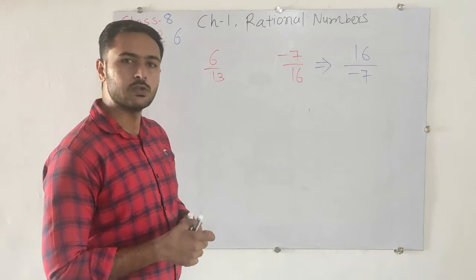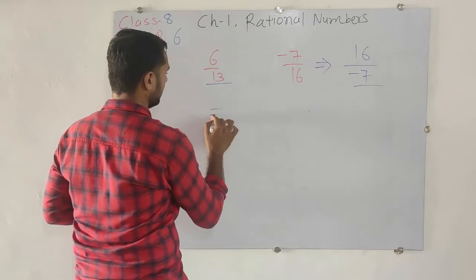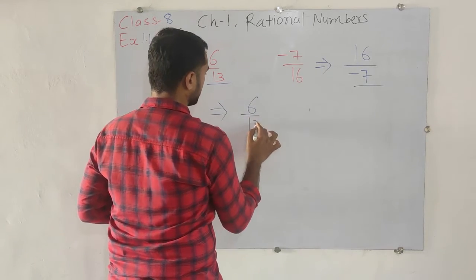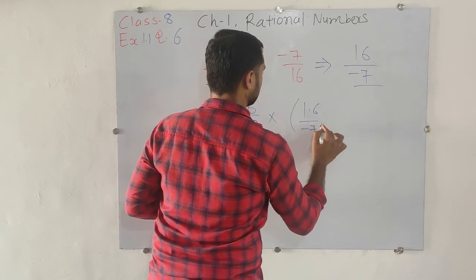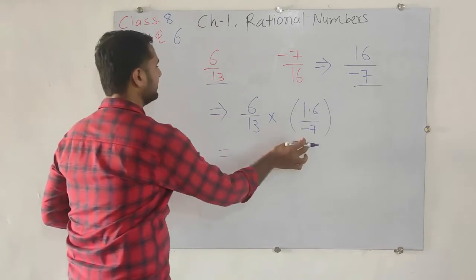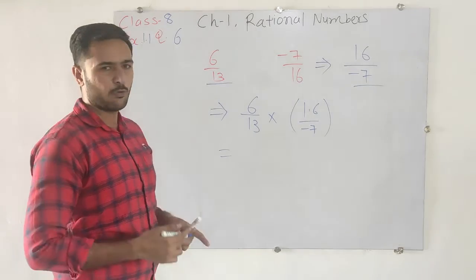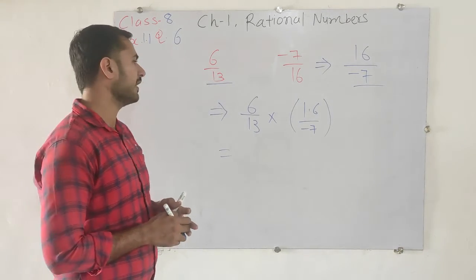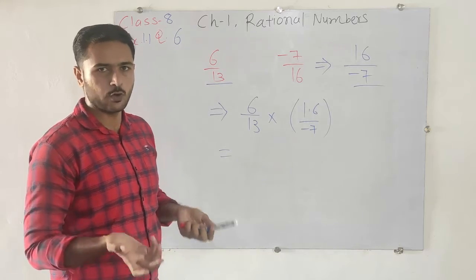Now, we'll do the multiplication of this and this. So see here, that is 6 upon 13 multiplied by 16 upon minus 7. I put the bracket because of the minus sign. Now, how will we do the multiplication? Multiplication of numerators and denominators, as we always do.